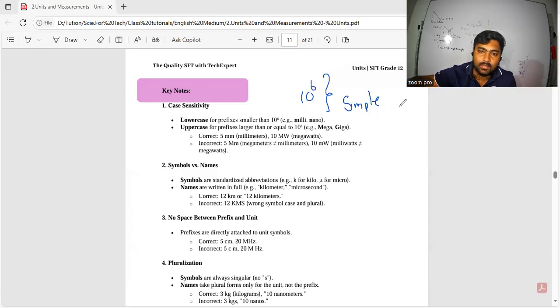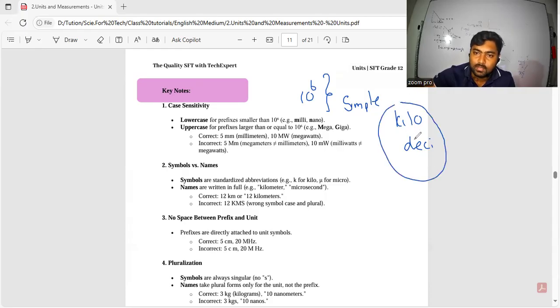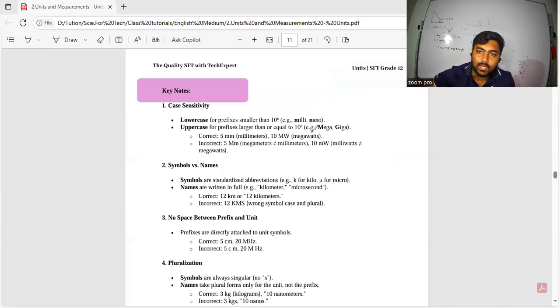Then kilo, 10 to the power 3, and everything smaller, such as deci, nano, milli, should start with simple letters. Then prefixes larger than or equal to 10 to the power 6 should start with capital letters. Understood?